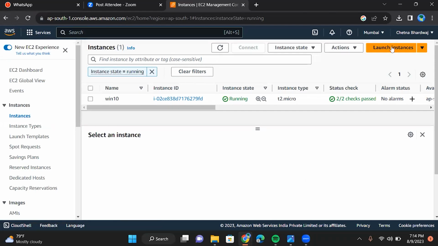Over here on the right hand side top corner, you will see this option, launch instance. You can click this one from here, and it will lead you to another page.